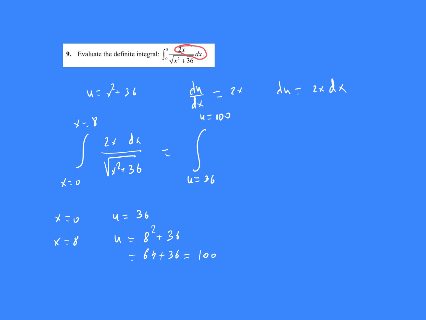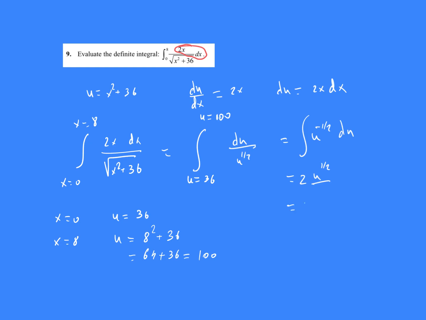So 2x dx is du, and the square root of x squared plus 36 is u raised to 1/2, so the integral is of u to the minus 1/2. The integral of u to the minus 1/2 is u to the minus 1/2 plus 1 divided by 1/2, so a 2 will appear here. Dividing by 1/2 is the same thing.